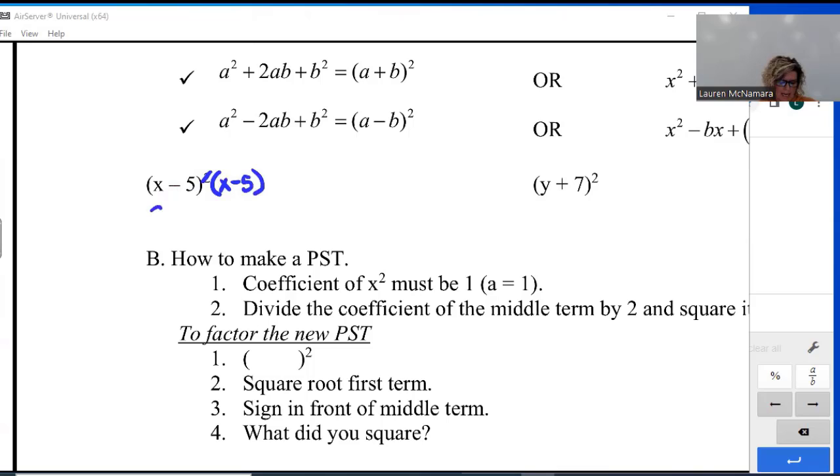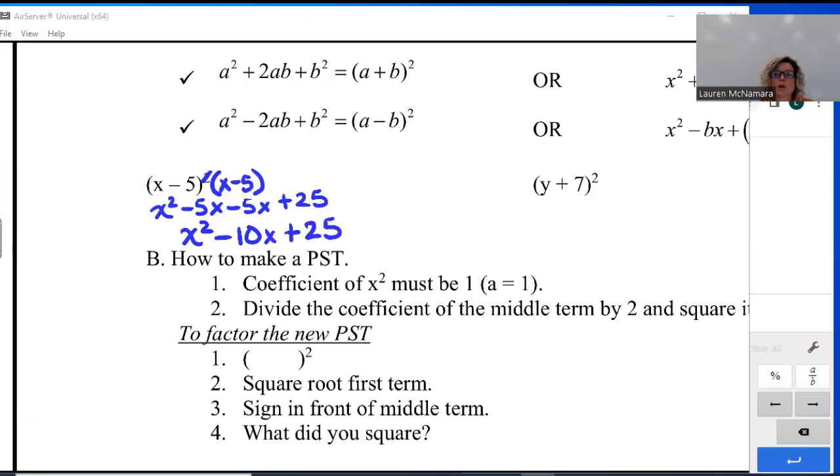So then I get x squared minus 5x minus 5x plus 25 when I distribute that out. Your middle term repeats. So now I have x squared minus 10x plus 25.